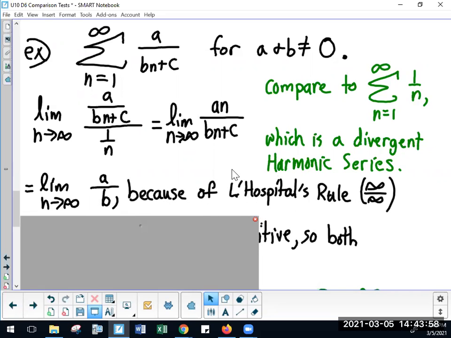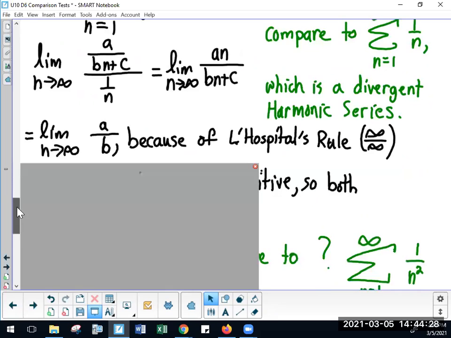Because we can apply L'Hopital's rule, because we get infinity in the numerator and infinity in the denominator. So I take the derivative. A, B, and C are constants. The derivative of an is a. The derivative of bn plus c is b plus 0.